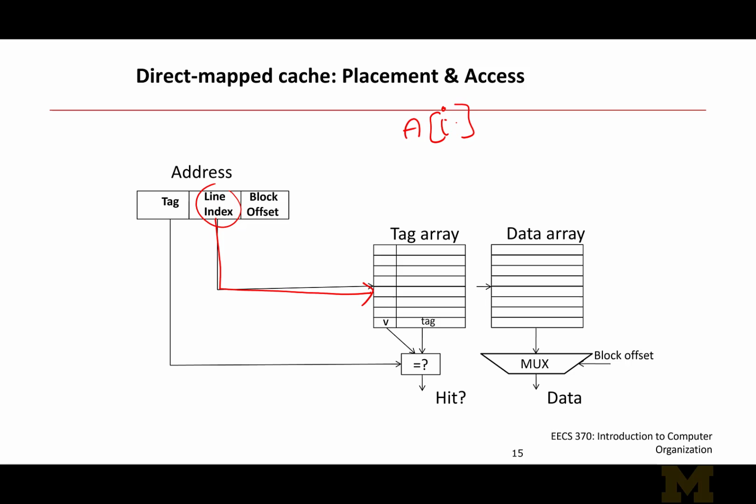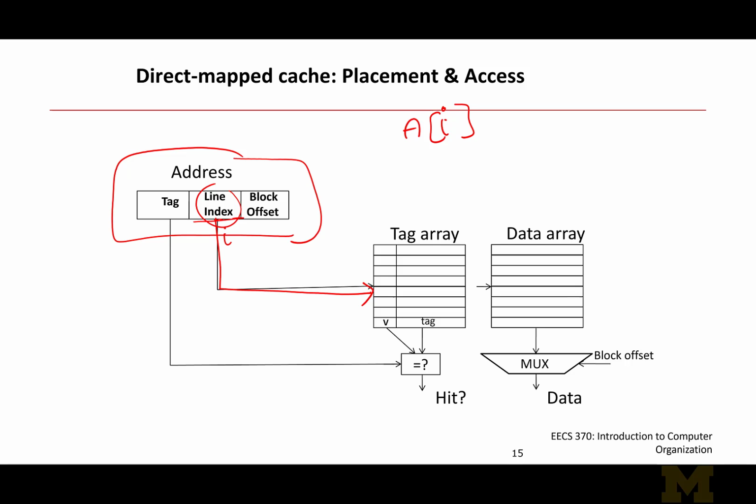So where you access the ith element in the array A. Similarly here, the line index tells you to access the ith cache line. When I say access, what I mean is the cache block corresponding to this address would be stored in the cache line corresponding to this line index.